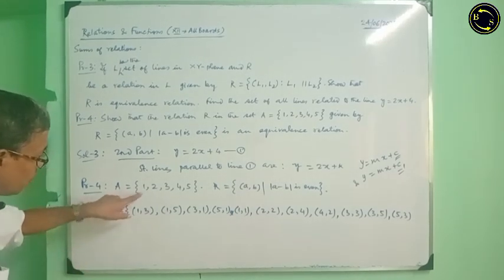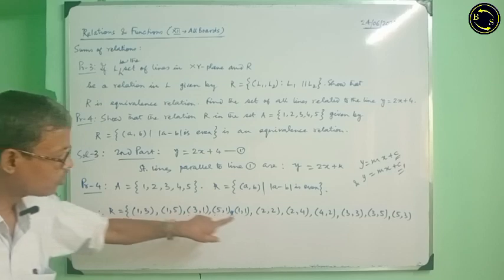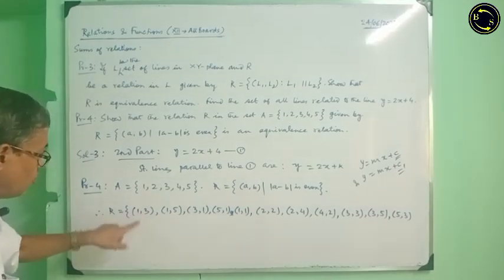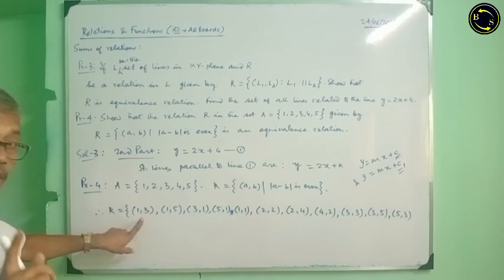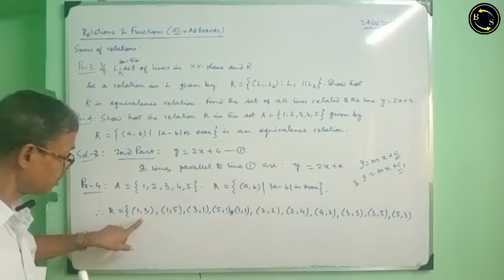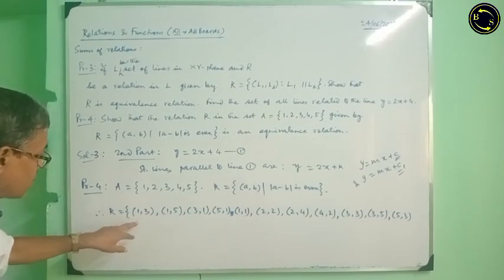Let me check. For (1, 1), then (1, 3), the difference will be even. Keeping that condition in mind, we are writing the ordered pairs.